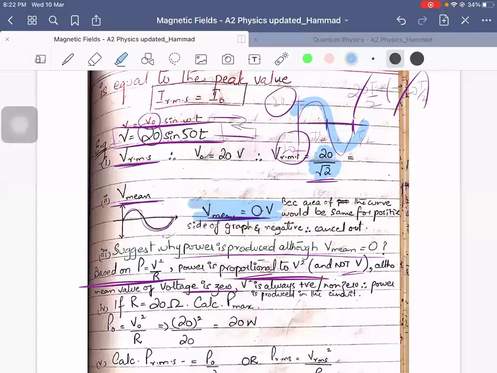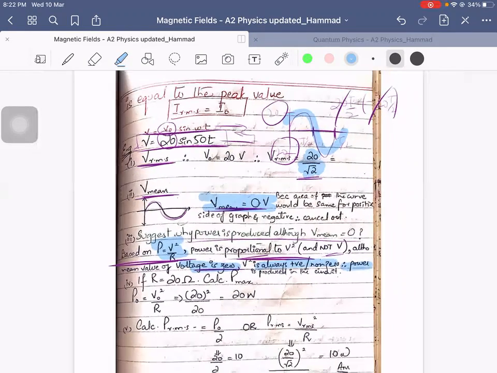So based on P equals V squared upon R, power is proportional to V squared and not V. Although the mean value is 0, V squared would always be positive because squaring the wave makes the negative values positive too. And therefore power is always non-zero.